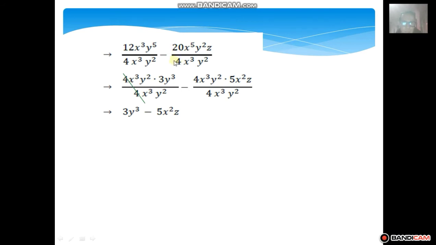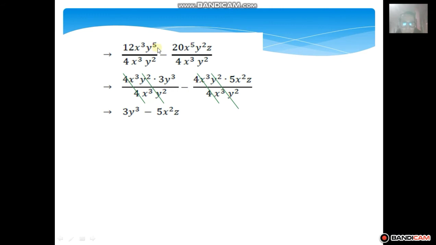Just like in the previous example, we factor out the numerators. First, the numerical coefficient. We have 12. The factors are 4 and 3. Then for 20, we have 4 and 5. The x cubed here will no longer be factored out, because we also have x cubed in the denominator.